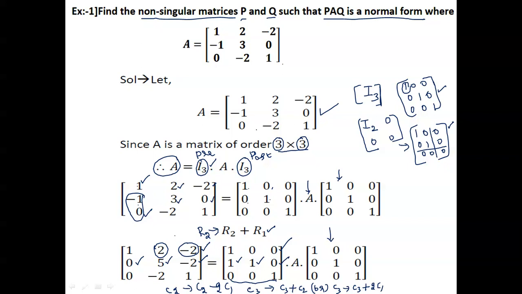In the same way, we apply these column operations on the postfactor of E. So that can be written as C3 tends to C3 plus C2. So this element is replaced by 0 plus C2, 0 minus 2C1, so this is minus 2. This is 1, which is not affected. This is 0.